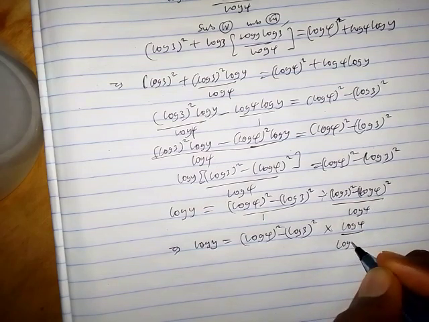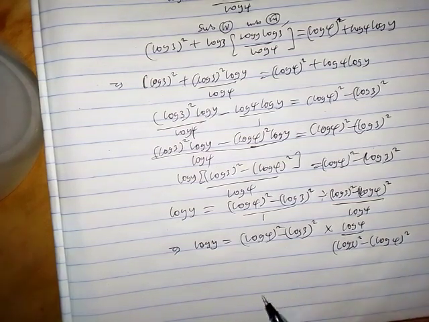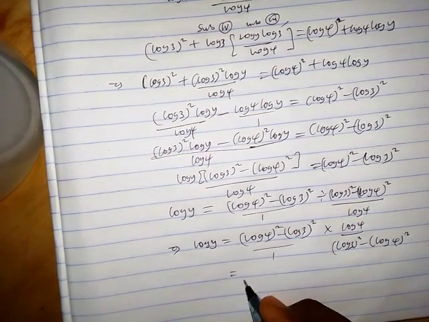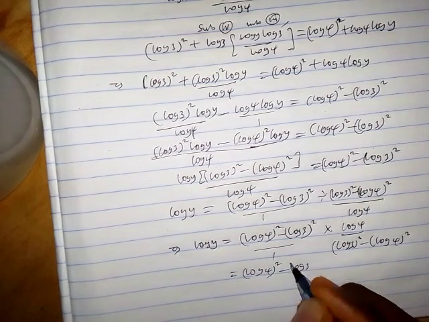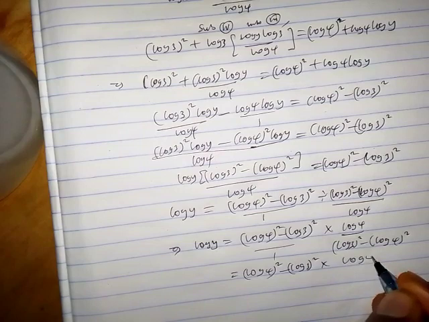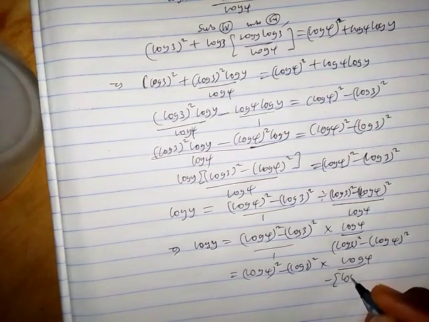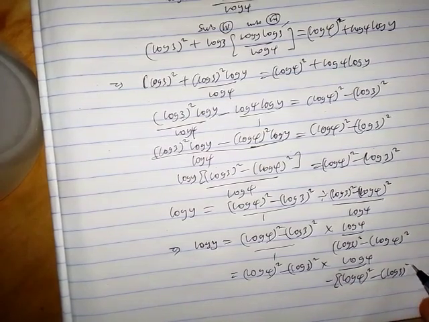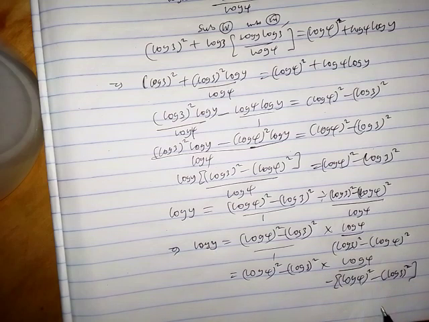We observe that we can rewrite the denominator as minus times log 4 all square minus log 3 all square, because minus times log 4 all square gives minus log 4 all square, and minus times minus gives positive.